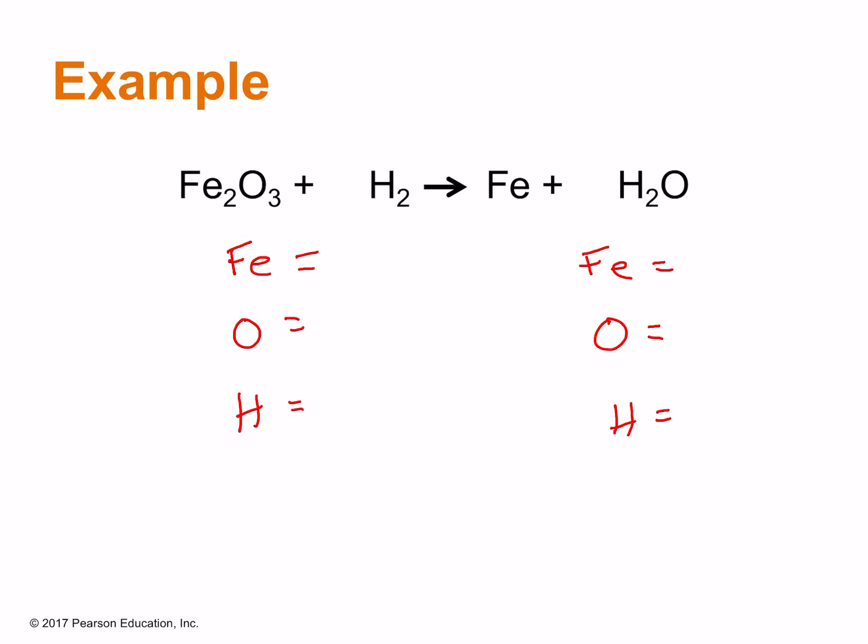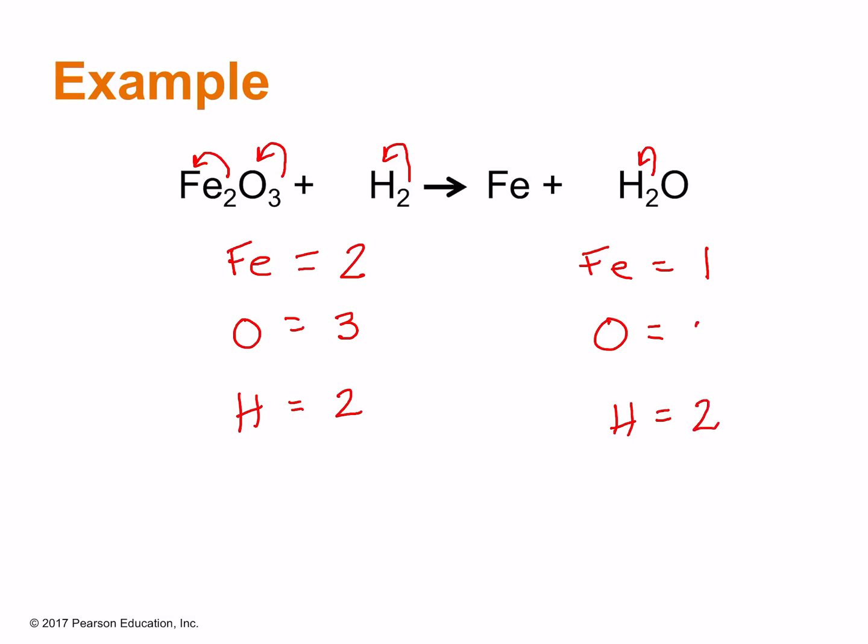So over here, on the left, we have 2 irons, because that 2 is a subscript, right? So we'll put a 2 there. And then we have 3 oxygens, and we have 2 hydrogens. Over here, iron doesn't have a subscript, so that's going to be a 1. We have 2 hydrogens.